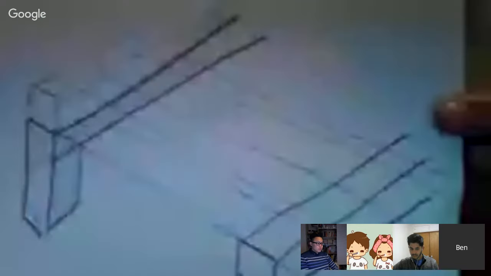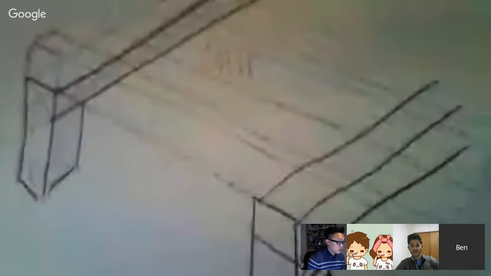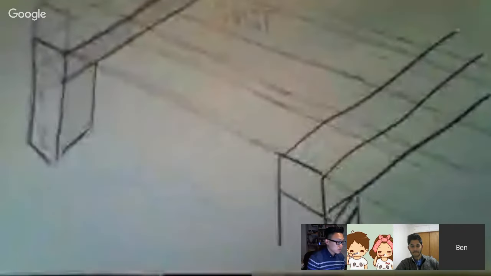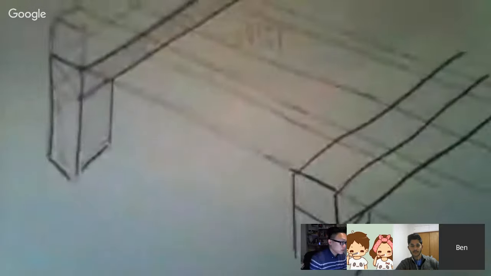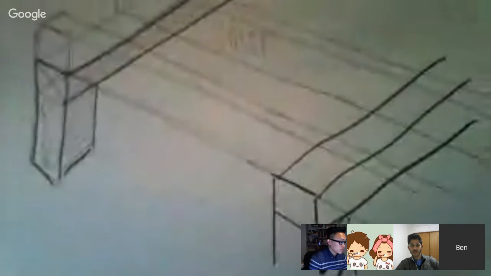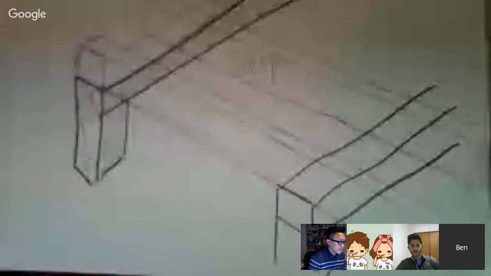Can you see that? Did you share your screen? Yeah, it's a drawing on a piece of paper. Can you make it bigger? You guys see that full screen now? Yep.